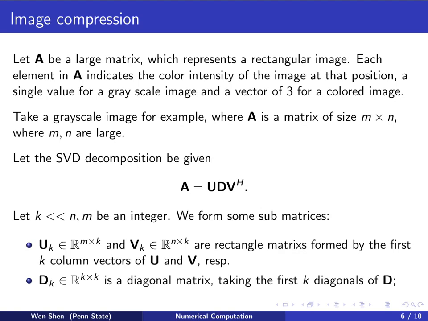So they can be a skinny rectangular shape, the U_K and the V_K matrices. And then I form a diagonal matrix D_K, which is a K times K matrix. And for this one I would take only the first K diagonal entries of D.